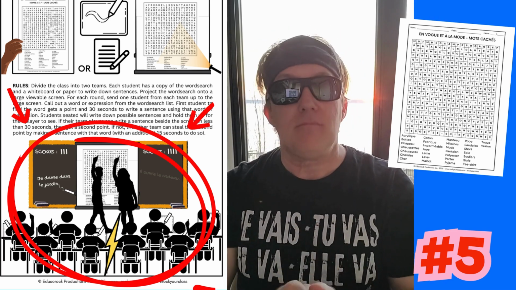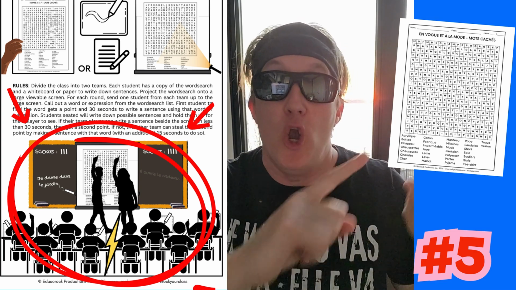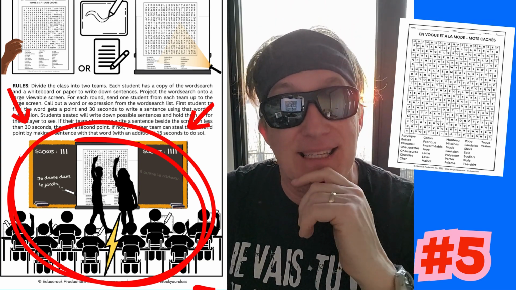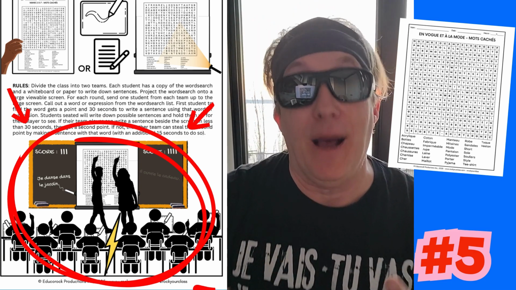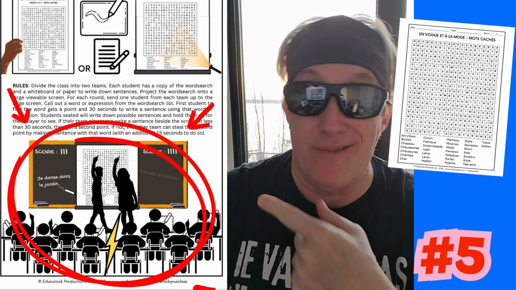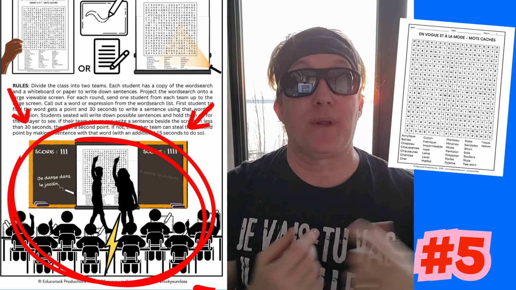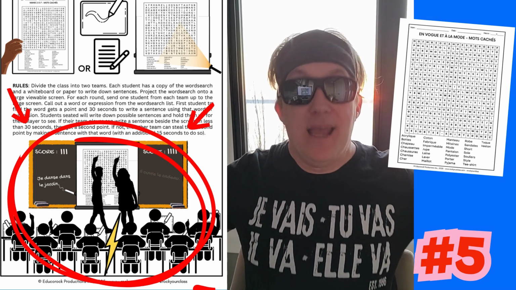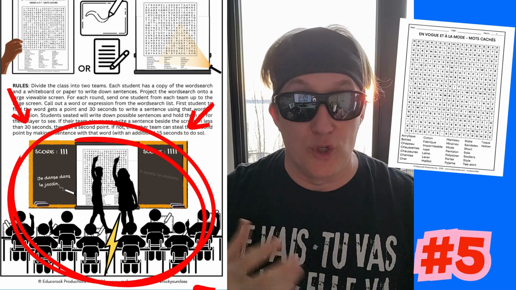Mais si vous ne pouvez pas faire ça en 10 secondes, l'autre équipe a 30 secondes pour créer leur propre phrase avec votre mot tortue, pour gagner le point que vous avez perdu. OK?